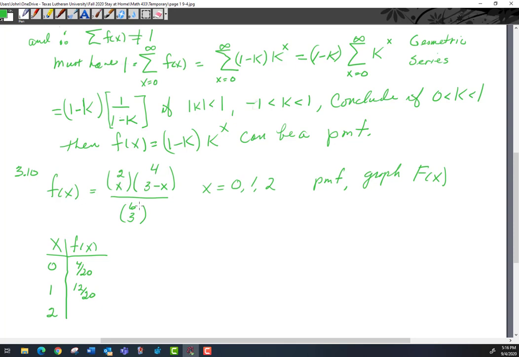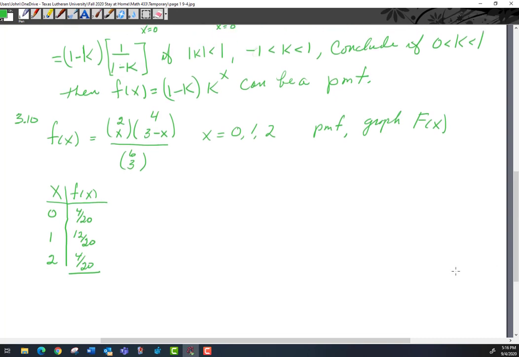So it's 1 times 4 over 20, 4 over 20. Now, at this point, we're going to check on ourselves, because if we have done this right, these will add up to 1. 4 and 12 is 16, and 4 is 20 over 20. So the sigma f of x is equal to 1. Good.